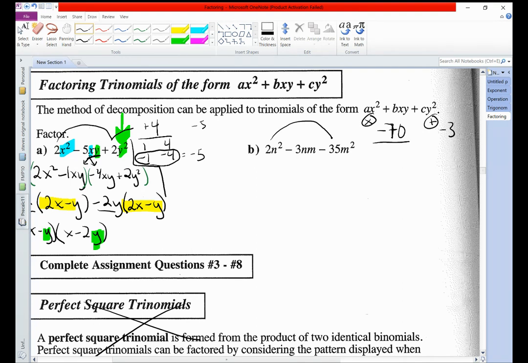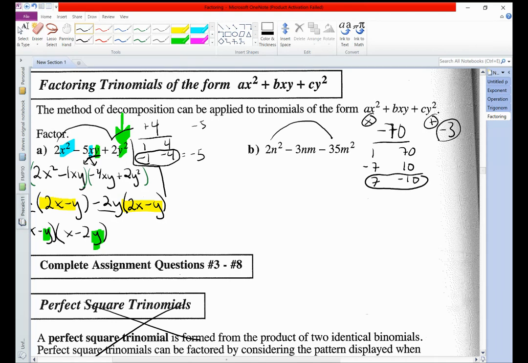So you know they're not going to be numbers like 1 and 70 because we're trying to make them add to negative 3. So they're going to be a little bit closer together. So you can try negative 7, positive 10, or 7, negative 10, and it looks like that's the one right there.